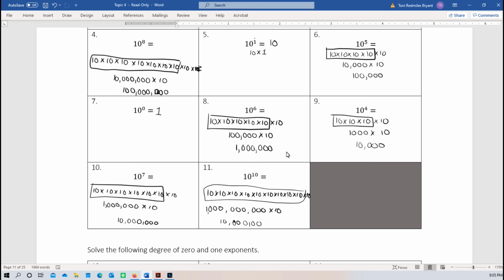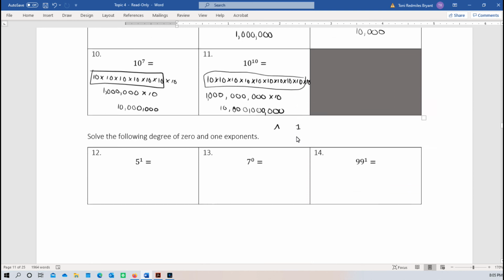I can even grab my calculator and enter 10 to the 10th power, using that little caret on most calculators, and it's going to say 1 and 10 zeros. So 1, 2, 3, 4, 5, 6, 7, 8, 9, 10 zeros there. Okay, so following that pattern makes those a lot easier.